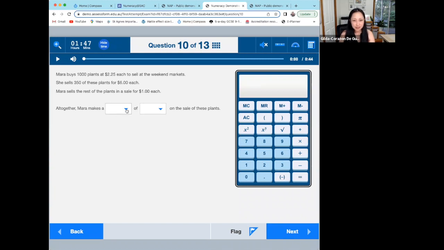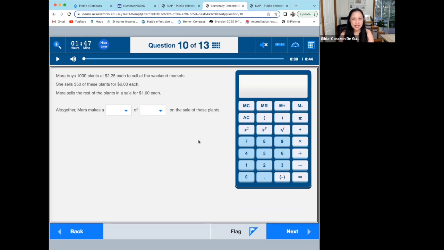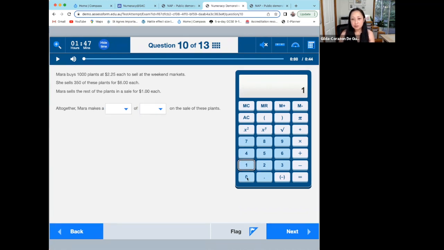If you actually click on this one, you would have a choice between whether she gets a profit or a loss. And this one here, whether the profit or loss was 150, 500, or 2,750. Okay, so let's analyze the question. If she buys 1,000 plants for $2.25, then you would multiply 1,000 by $2.25.